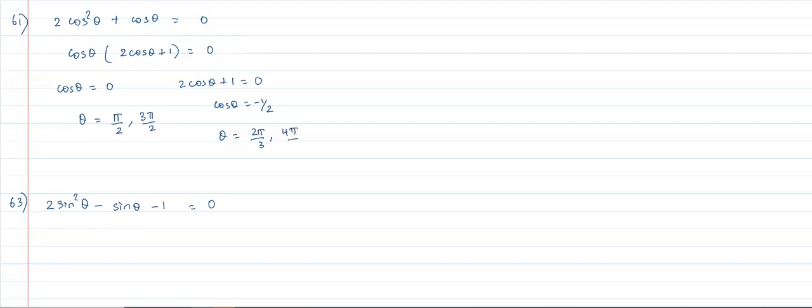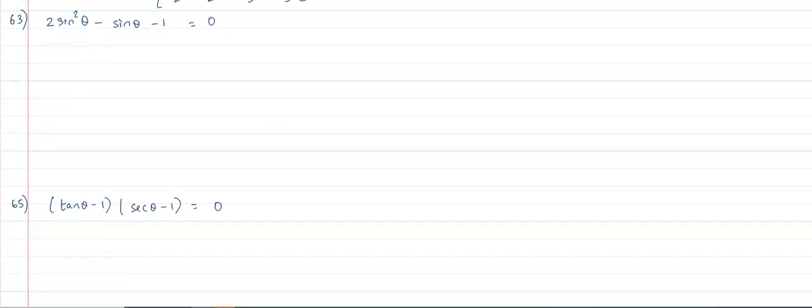So put them all together and write a solution. Next one. Again, this is quadratic in form. So if you multiply these two, you get negative 2. So I can rewrite it like so.